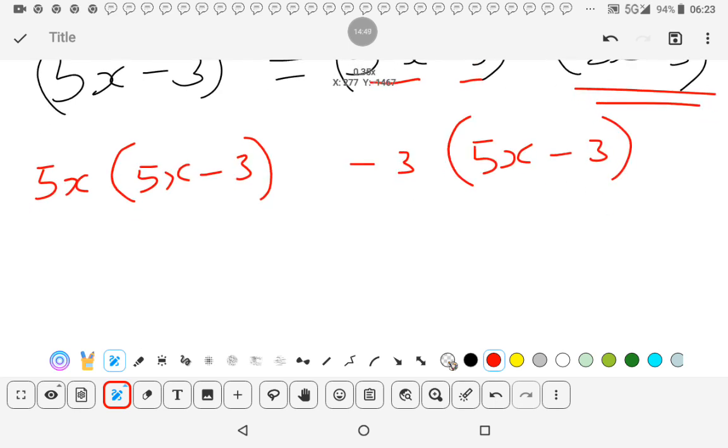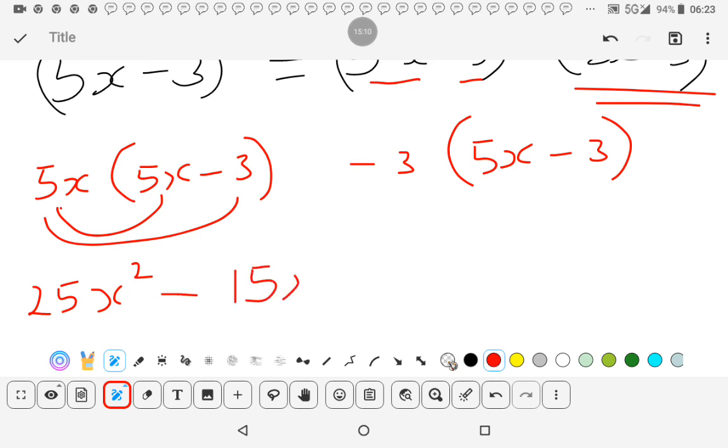So from here now, you multiply 5x with 5x, 5 times 5 will give you 25, and then x times x will give you x squared. Then also 5x times minus 3. The sign is very, very important. 5x times minus 3 will give you minus 15x.